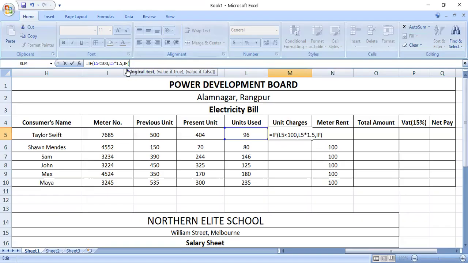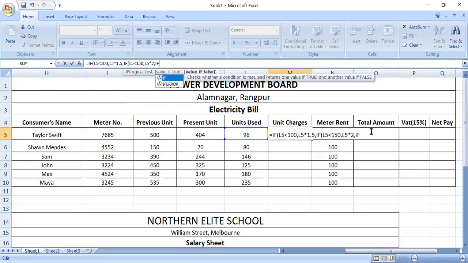Again, comma, and then if, first bracket, L5 is less than, suppose 150, then a comma, then L5 would be charged, suppose 2, then again a comma to start a new one.